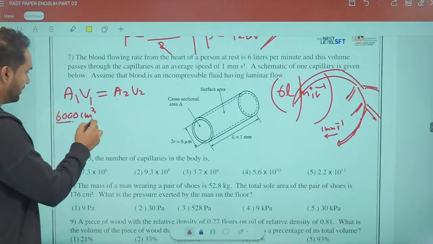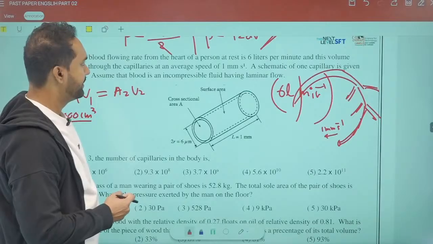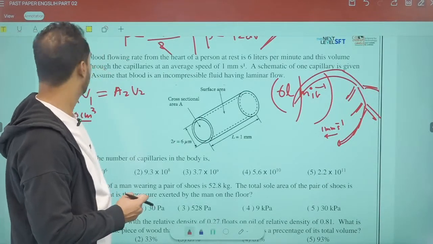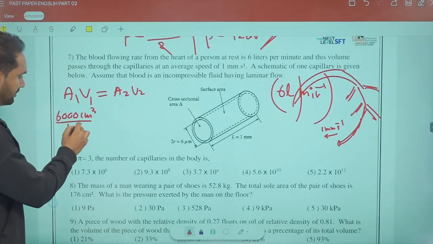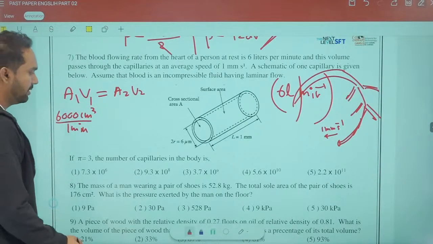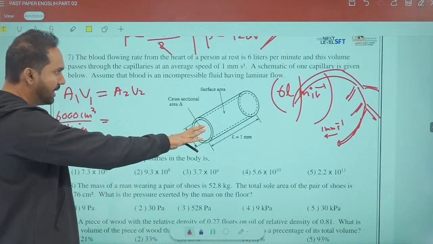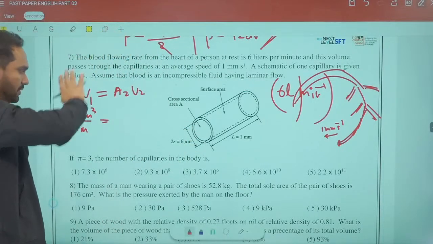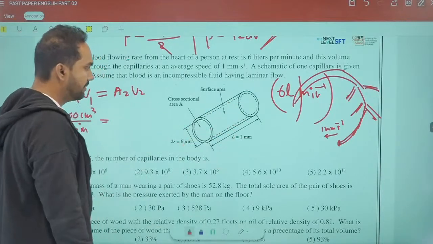Per minute. Shall we take it as a minute? Yes, because it was given per minute. So A1 V1 is 6,000 cubic centimeters per minute. For A2, we take one capillary first and multiply by the number of available capillaries, because the fluid should flow through every available capillary.